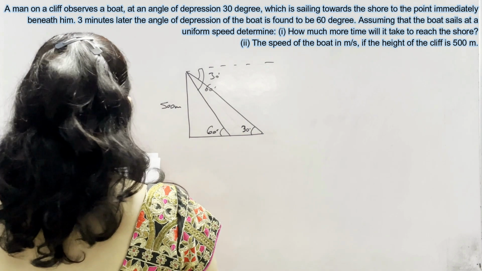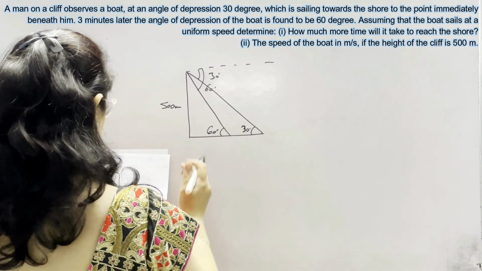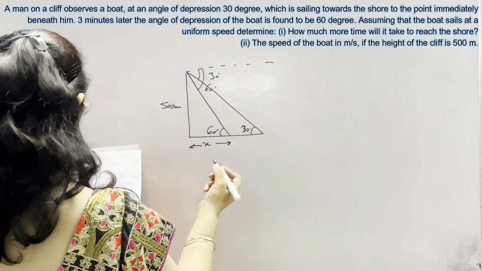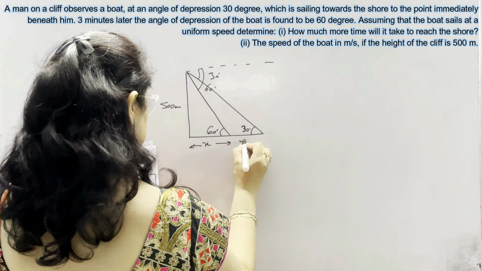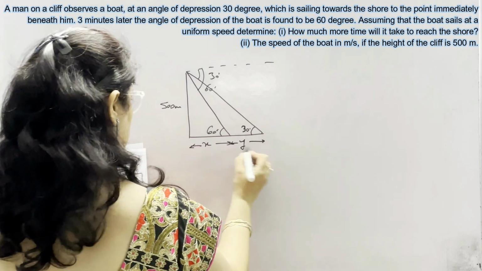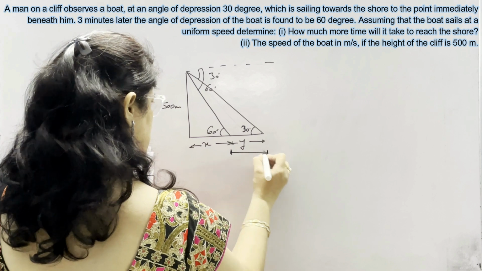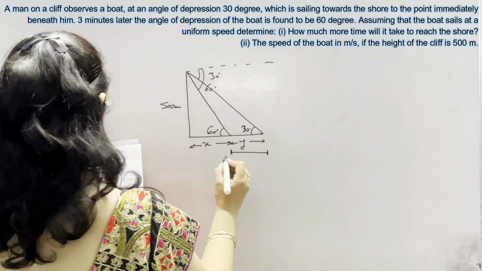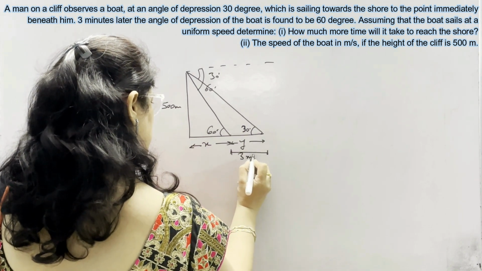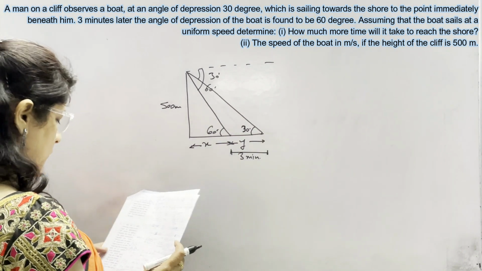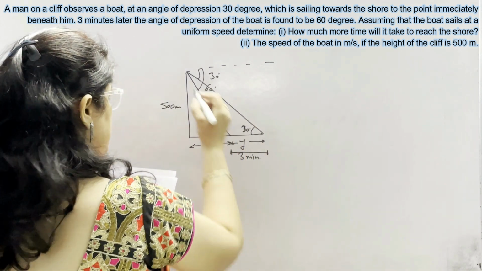So here it is 60 degree. Now we can take this distance as x and another distance as y, and the time taken to cover this distance from this angle of elevation changing from 30 to 60 degree, time taken is 3 minutes. Now, assuming the boat sails at a uniform speed, coming to the question.